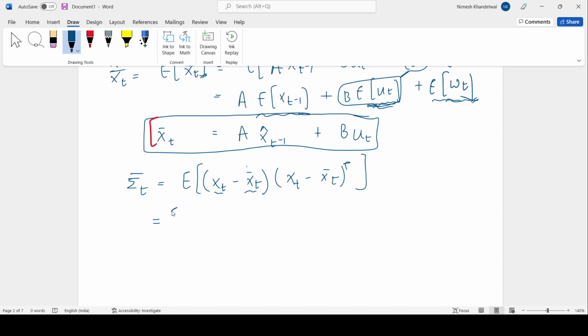So this is just the expectation of, write this, A x_{t-1} minus A x hat_{t-1}, and then there should be a plus B u_t also, and then B u_t cancels out from both of these terms.